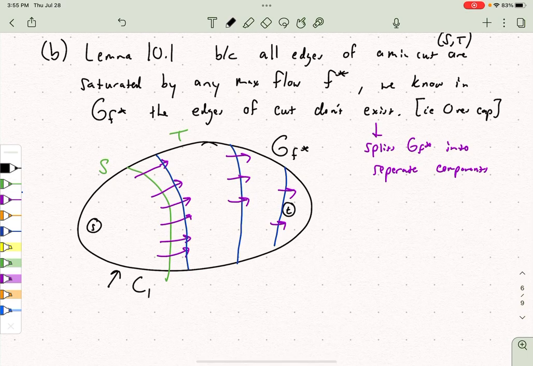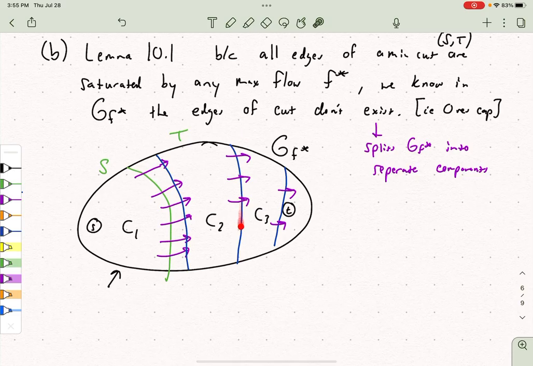I'll just call them C1, C2, and each of these corresponds to the S in some min cut. So it's not important that you pick the first S, the one closest to little s. As long as you have any of these components, these correspond to min cuts.